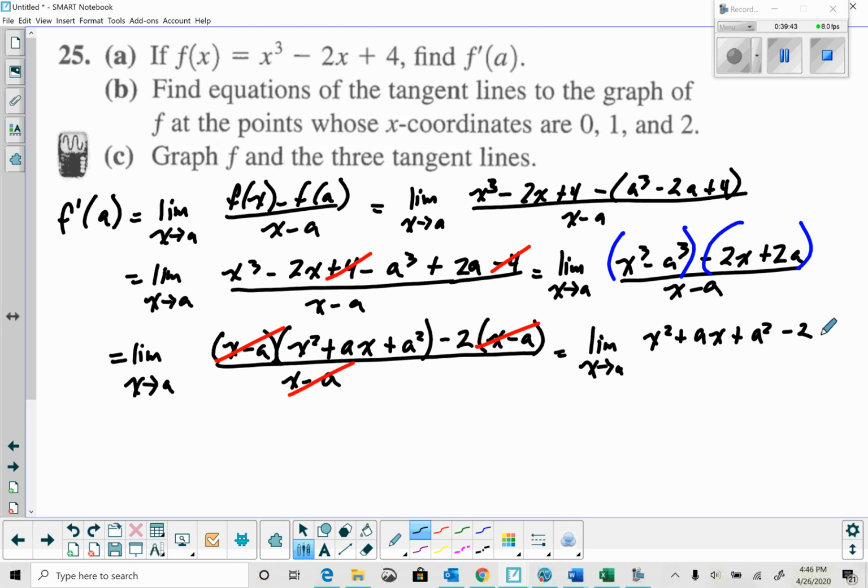We go with the basic substitution here where a is equal to x. So this becomes a squared plus a times a plus a squared minus 2. Well, wait a minute. That middle term is an a squared, so we have a squared plus a squared plus a squared. That turns into 3a squared minus 2.